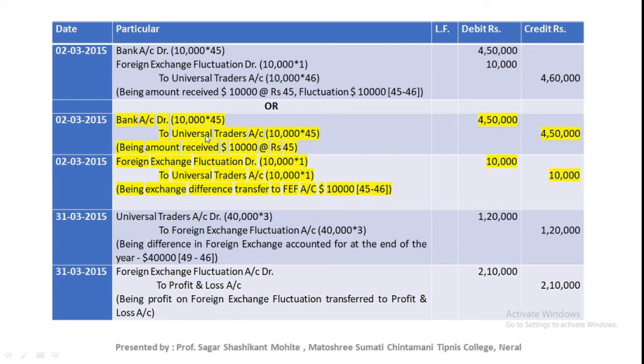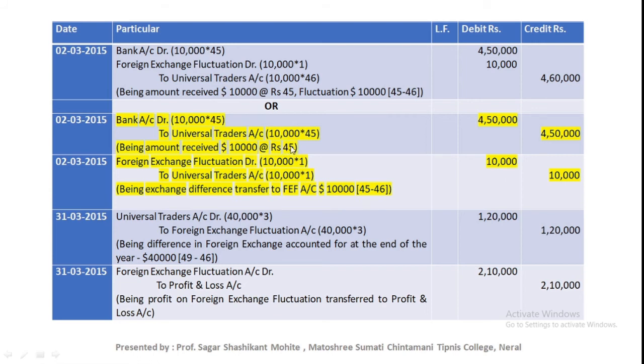That's why we need to debit the foreign exchange fluctuation account for transferring the loss: foreign exchange fluctuation account 10,000 into 1, that is rupees 10,000, to universal trader account 10,000 into 1 is equal to rupees 10,000. This is the separate journal entry.